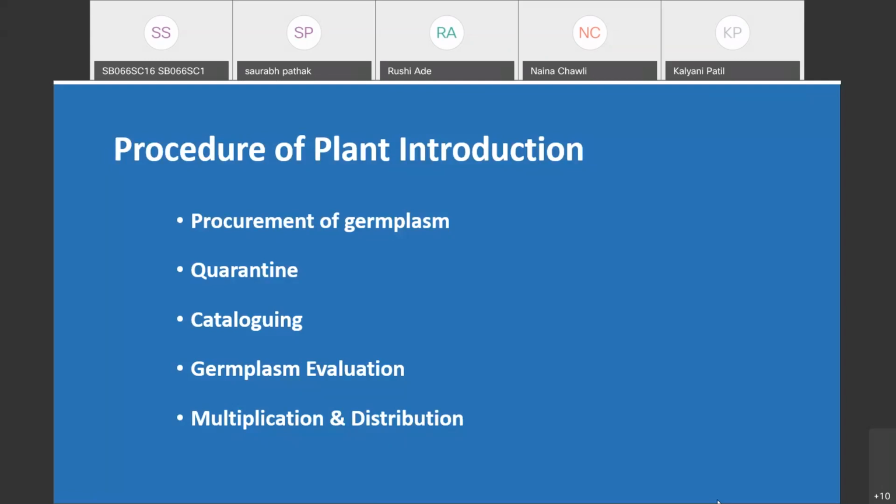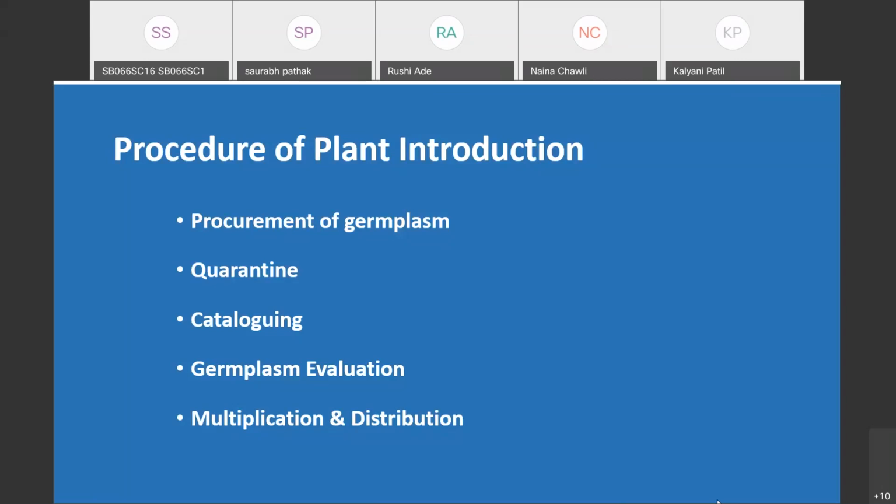Procurement means to obtain the plant material. The first step is how to obtain the plant material from another country, the different ways to obtain plant material from other countries.